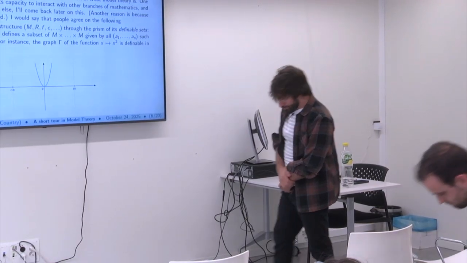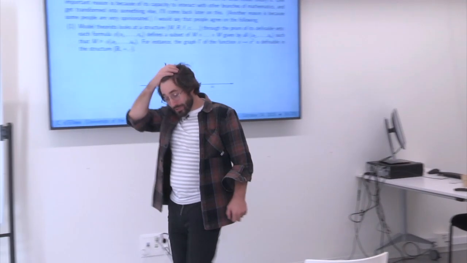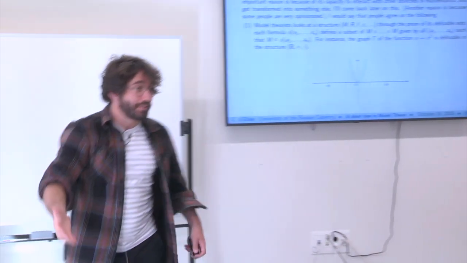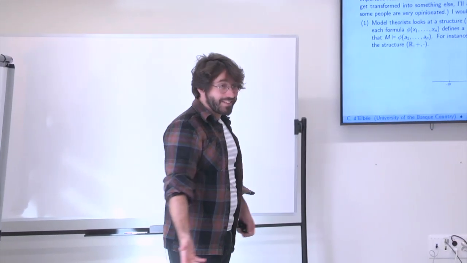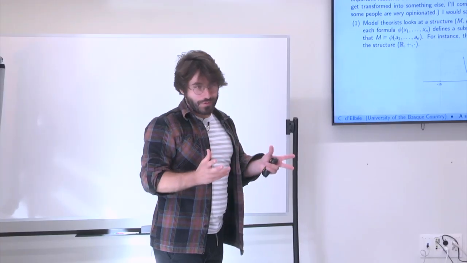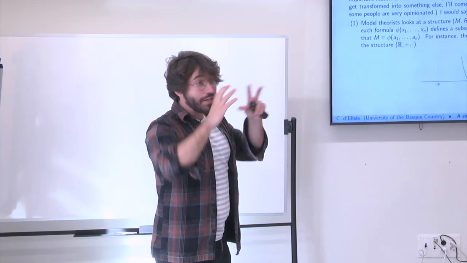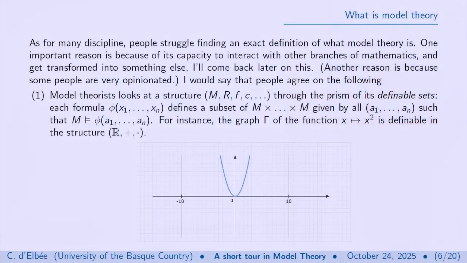Okay, so, right, if you ask a biologist to define what life is, it's always very complicated because it's a bit blurry. The edges of the notion are very blurry. And I think we have the same problem in model theory.